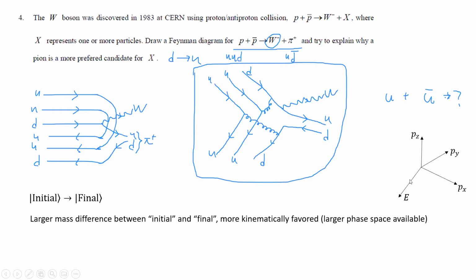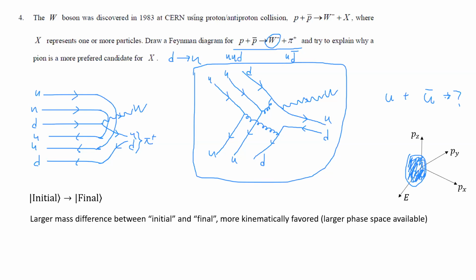The phase space just means the four-dimensional space formed by the energy and momentum. And if the mass difference is large, that means the final particles can have more freedom to choose their energy and momentum. So the final possibility will occupy a larger volume in this space.